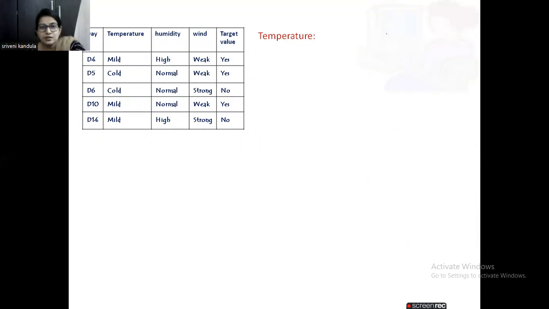But now, in order to calculate the gain, we have to consider S as S rain. S rain comma temperature, gain of S rain comma humidity, and gain of S rain comma wind you have to calculate.